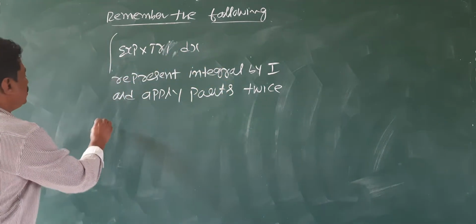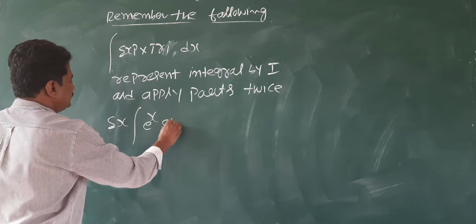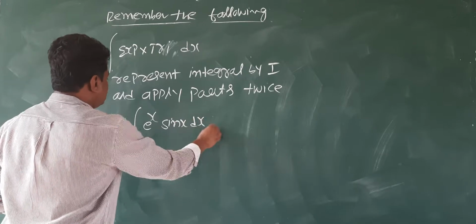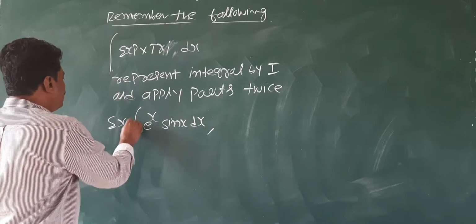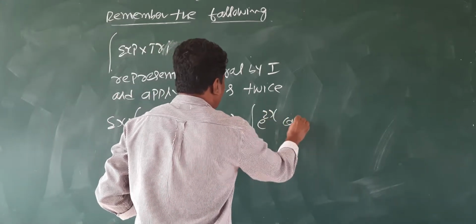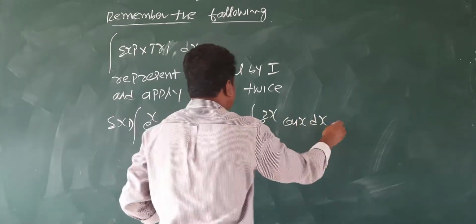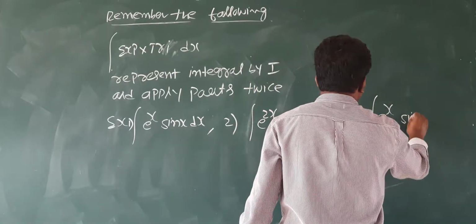Example, exponential into trigonometric: e power x sin x dx, exponential function, trigonometric function. One more example, e power 2x cos x. One more example, e power x sin 3x.